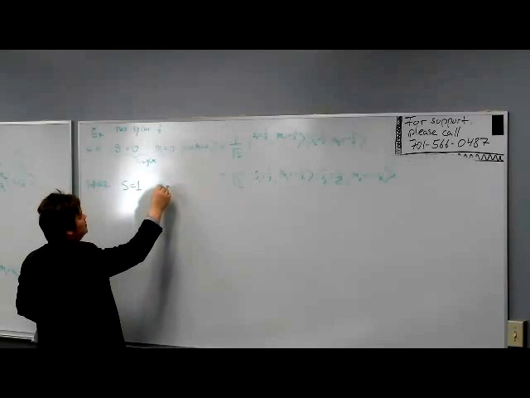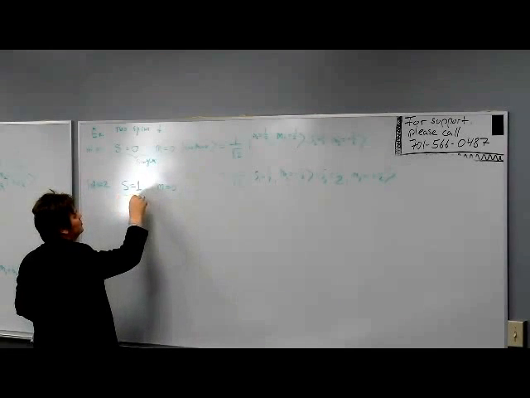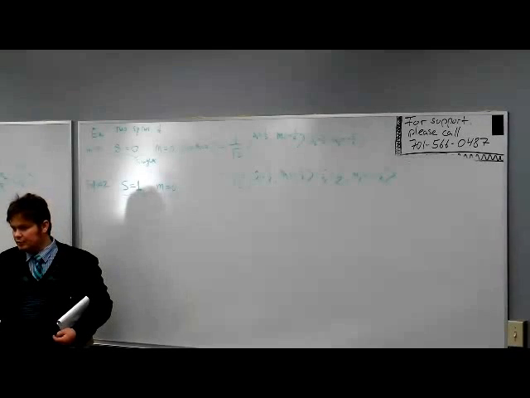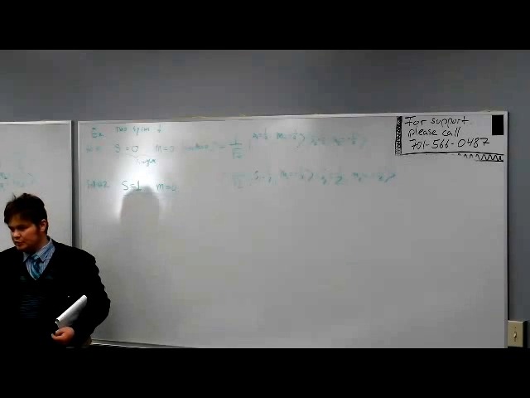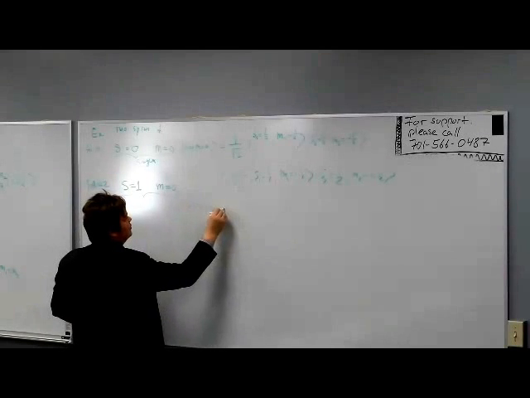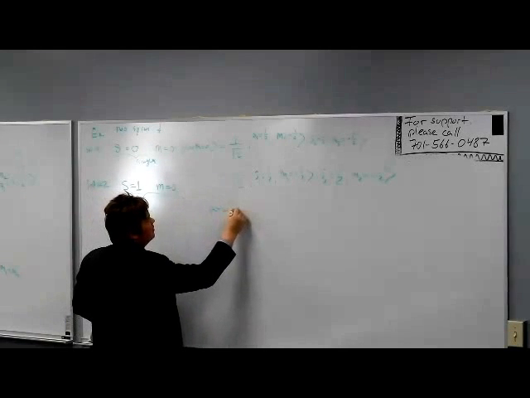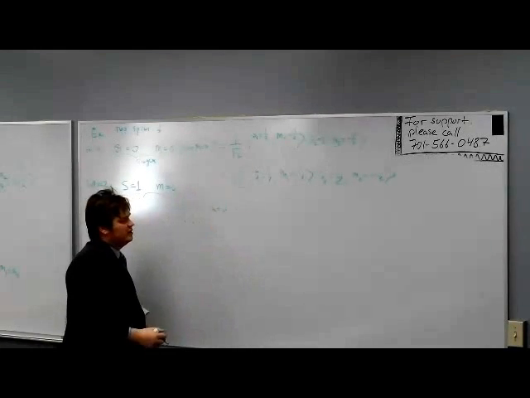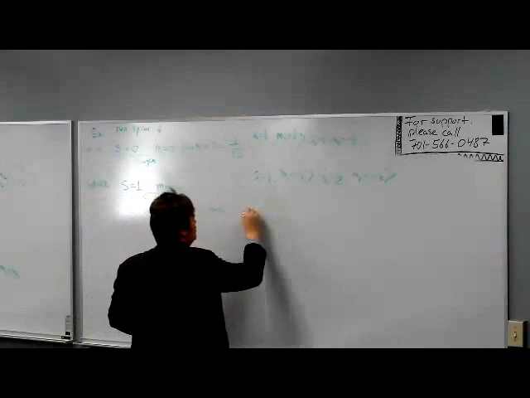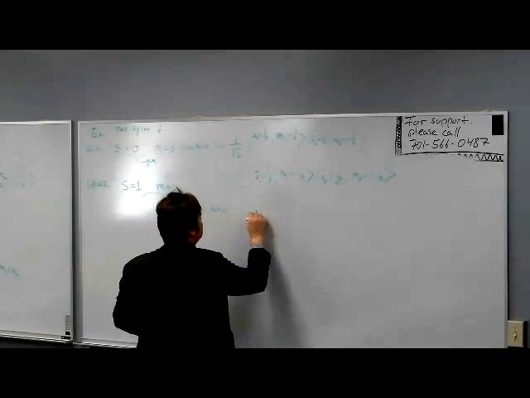Let's consider the solution with m equal 0. So no magnetic momentum, but total angular momentum is 1. So S equals 1, M equals 0. And then we basically repeat the same notation with the only difference in the sign here. 1 over square root of 2.